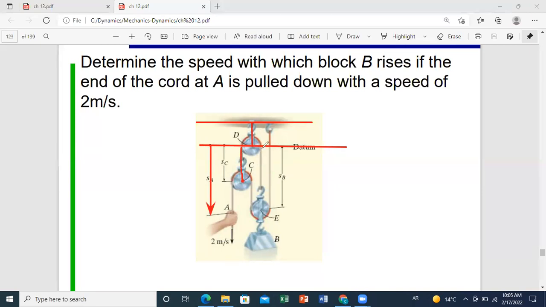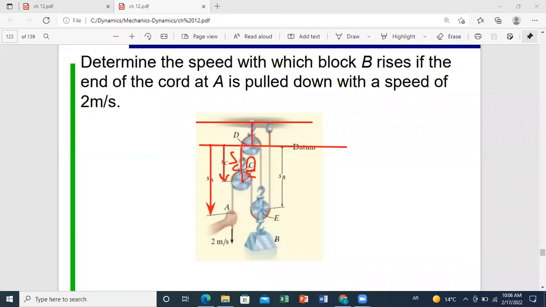So whenever you have the center of a pulley attached to the periphery of another, then C will be moving. This center will be translating. This is why I need a coordinate for pulley C. So since C is moving vertically, I can take the same reference horizontal line and consider a second coordinate for C. So this is S of C.